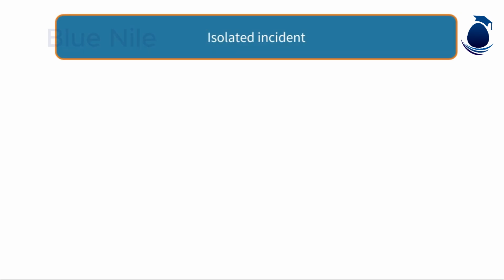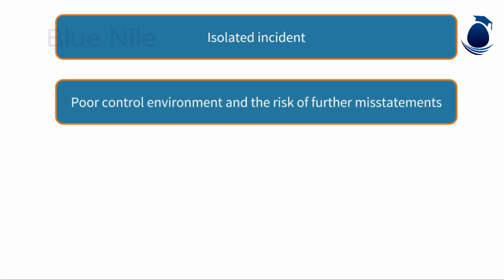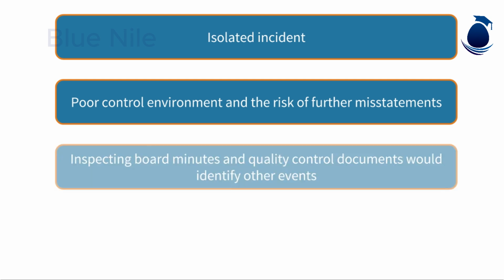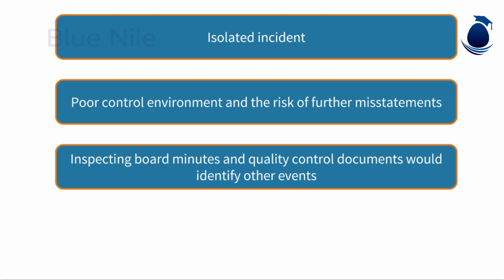They would want to confirm that there have not been other defective batches, as this could indicate a poor control environment and the risk of further misstatements not detected. Inspecting board minutes and quality control documents would identify if other events have occurred, which can then be discussed with the client.